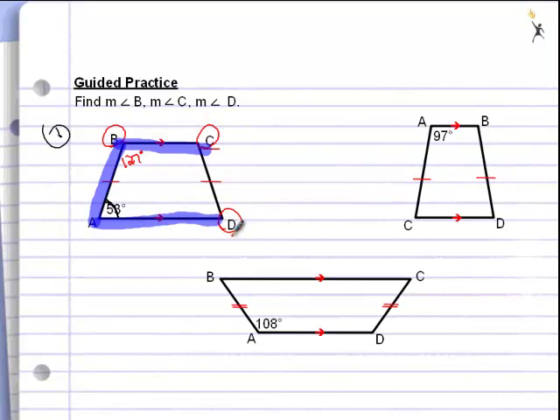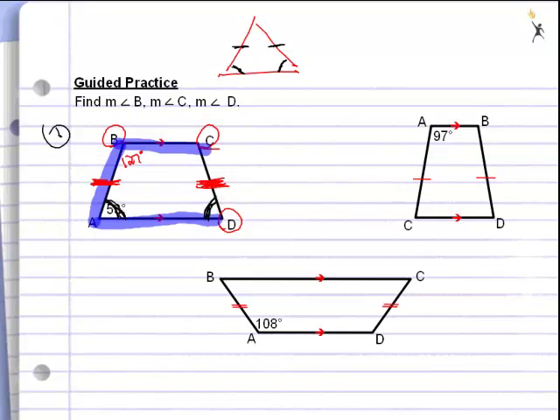Everybody understand that? Good. Now, the next thing that we're dealing with is the isosceles part of this trapezoid. We can see that this side and this side are already congruent. Just like in an isosceles triangle, if the sides are congruent, then the angles opposite those sides are congruent. If these two sides are congruent, then the two base angles are congruent.